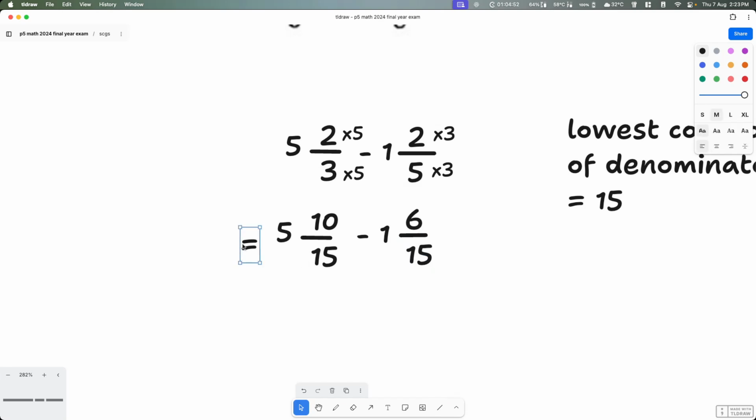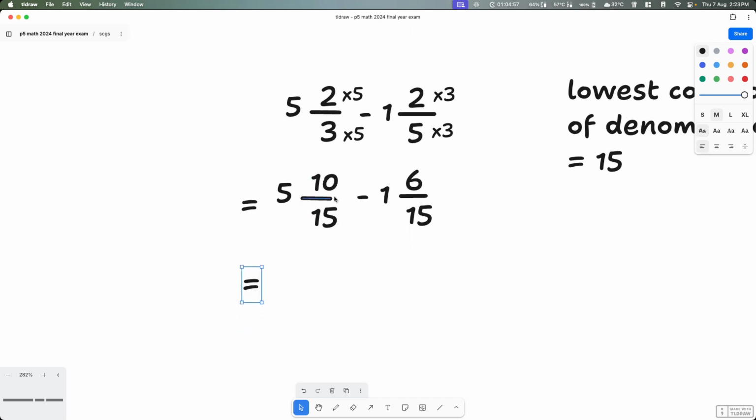So from here we can minus. Bracket 5 minus 1, and we grab 10 out of 15, minus 6.